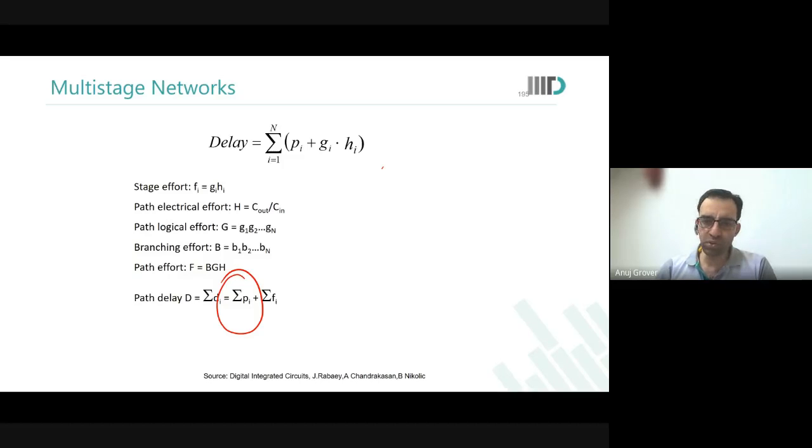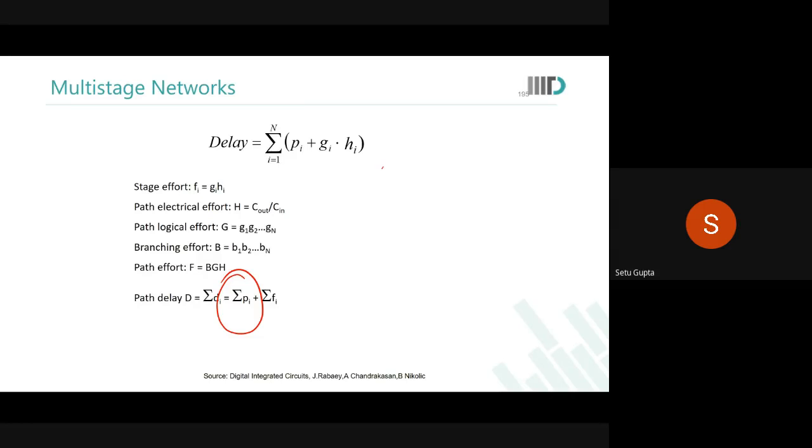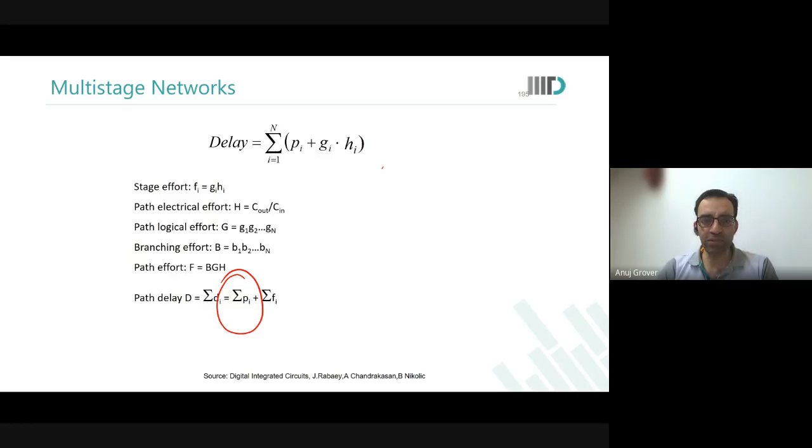Yes, you can do that, but I would not get too distracted with that, because we will see how we use the path effort, and that will clarify something for you. It may or may not have much physical significance. Okay, thank you.